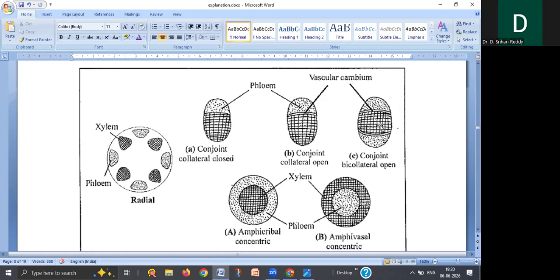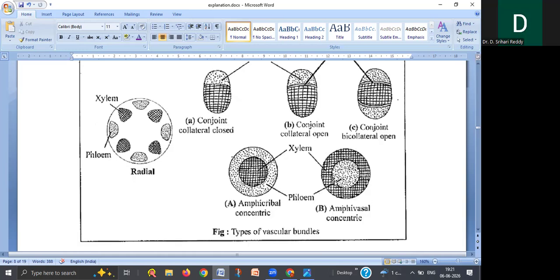Usually we can find this in the Cucurbitaceae and Solanaceae families. It is very important: in which families do we find bicollateral vascular bundles? Usually this question is very important, because bicollateral vascular bundles are not present in all the families of dicots. Only in Cucurbitaceae, Solanaceae, such families. So this is a very important feature.